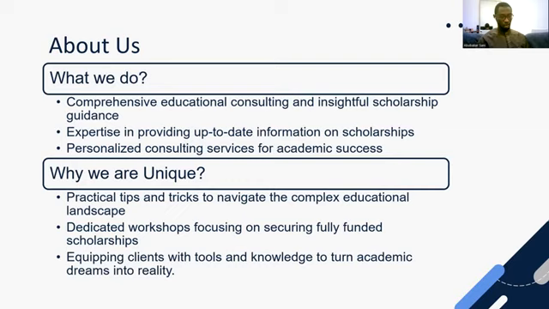Not only that, we provide you with educational tools and resources, which can help you to improve your chances of getting a scholarship. And that's not something you find anywhere.